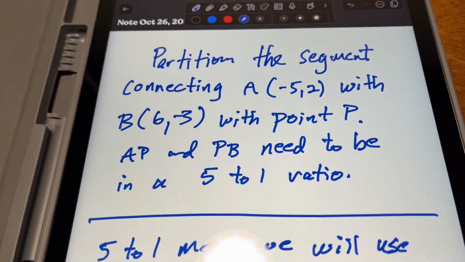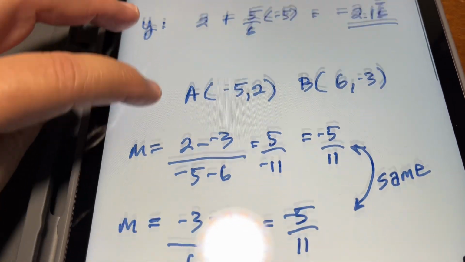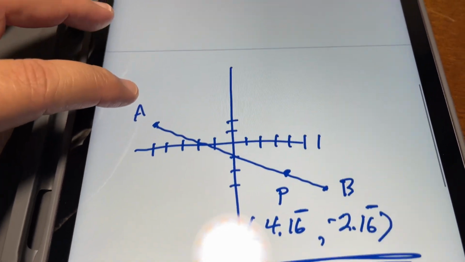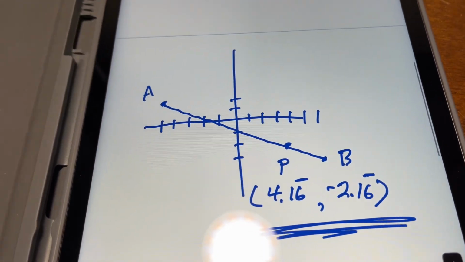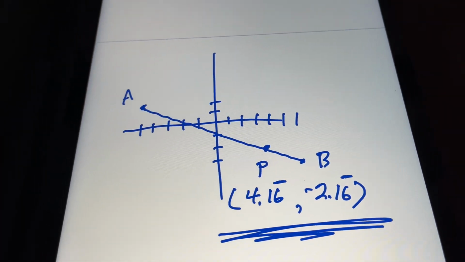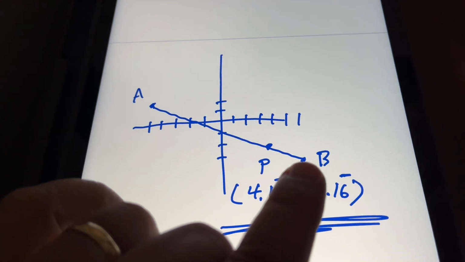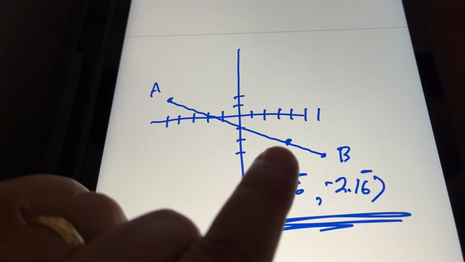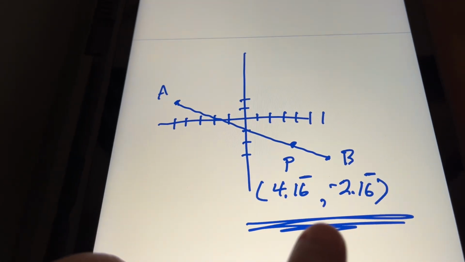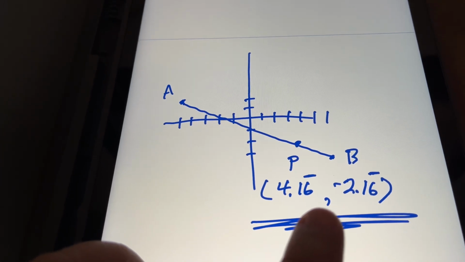Let me draw a picture of that and show you what that looks like. So what I would do is I would actually plot point A and point B, and then I would place this using my common sense. Now, this is going to be the final answer, but let's pretend like we don't know that.